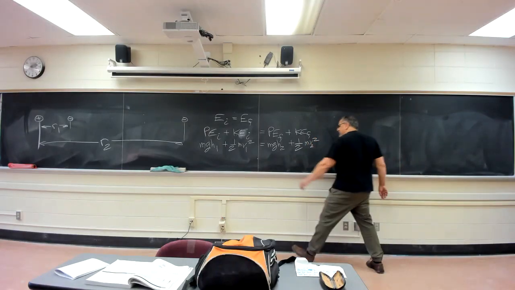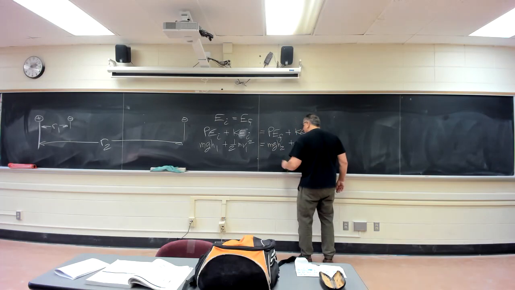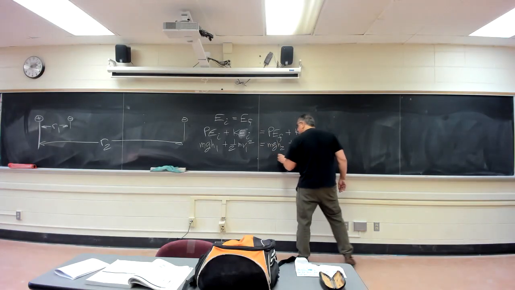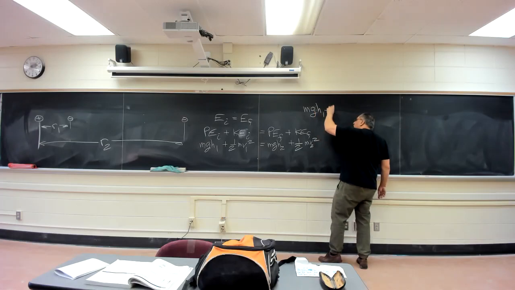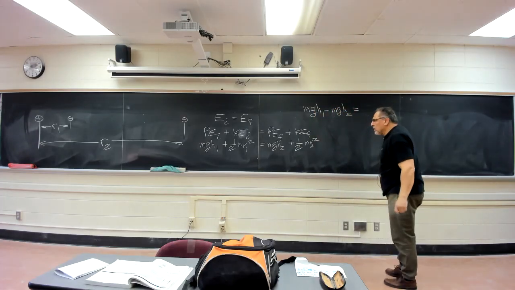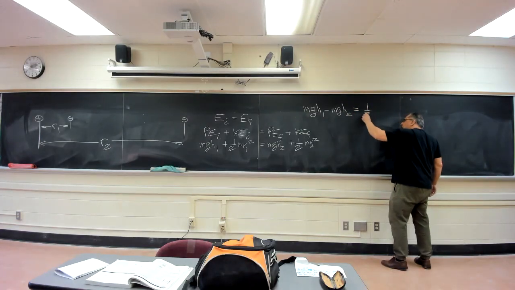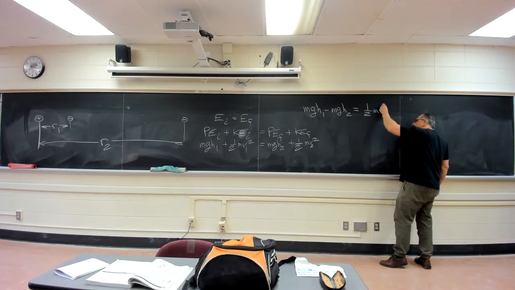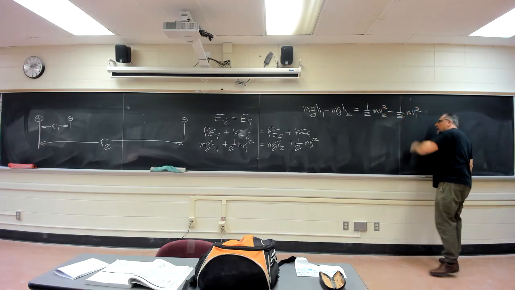If you subtract the 1/2 m v1 squared on each side and subtract mgh2 on each side, you get mgh1 minus mgh2 equals 1/2 m v2 squared minus 1/2 m v1 squared.